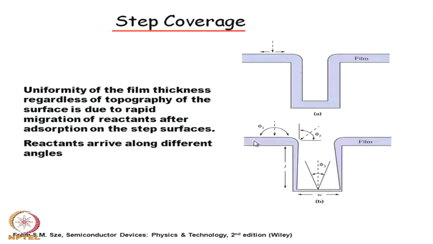However, in the figure shown below in section B, one can find that in some of the regions it is not uniform, like here or at this window area, but on surfaces parallel to the plane, a uniform film has been grown.